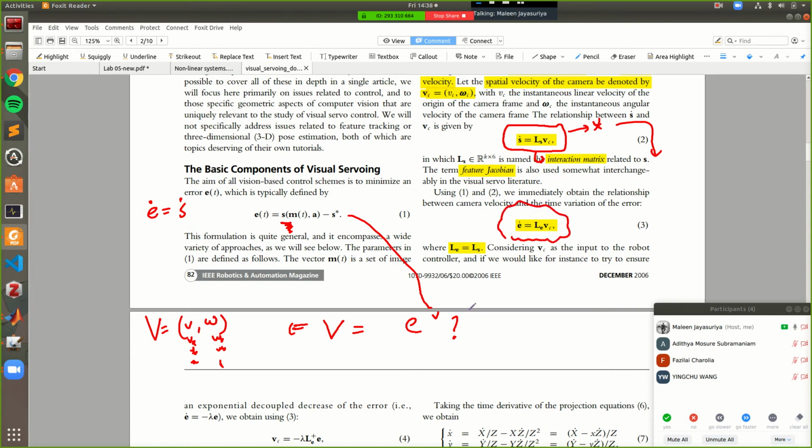But the next step is, how do we take this e dot and turn it into e instead of e dot? To do that, we want to find that relationship under the assumption that the error is an exponentially decaying error, because we want this error to ultimately decay.